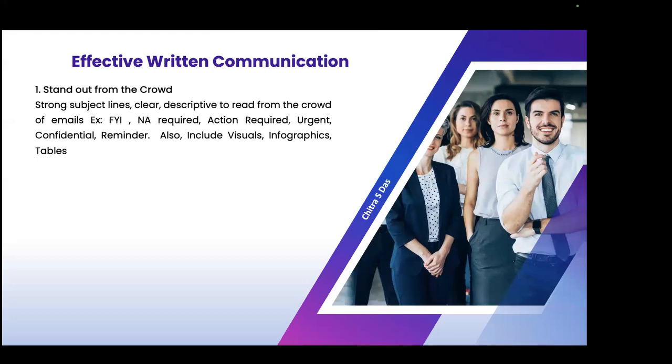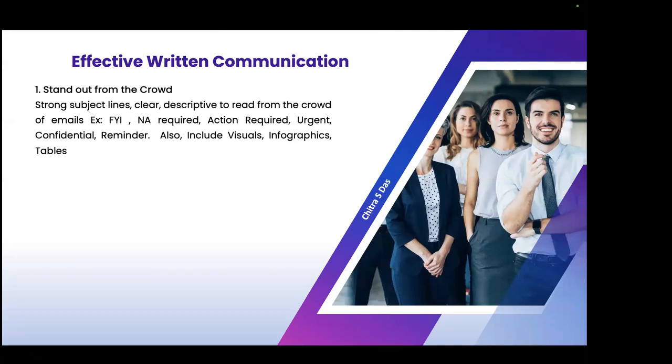In corporates we have communication guidelines, with labels like confidential, extremely confidential, public, and internal, so we stick to that. But in the subject line, you can put something like action required.